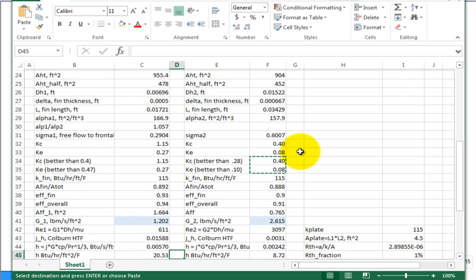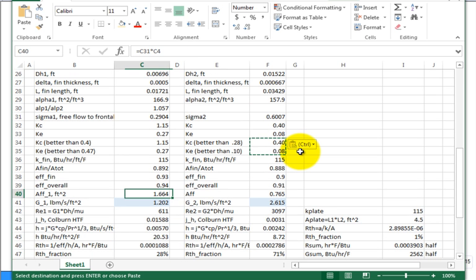So our G's change. Why do our mass velocities change? Because they have different areas to go through. I don't think the sigmas change. No, the sigmas stay about the same. They are the same, actually.